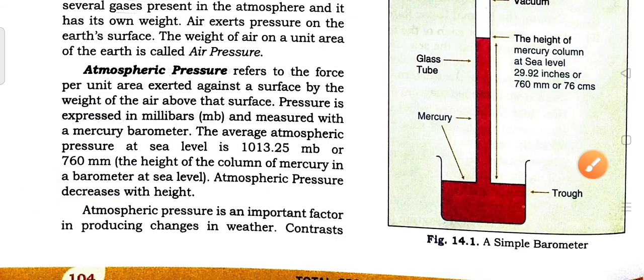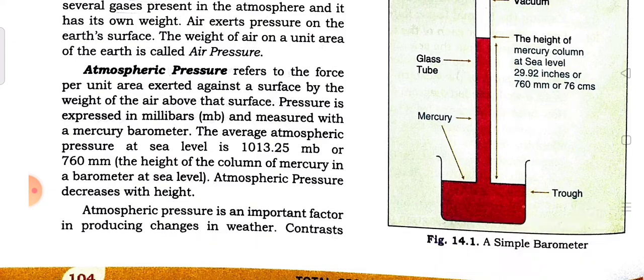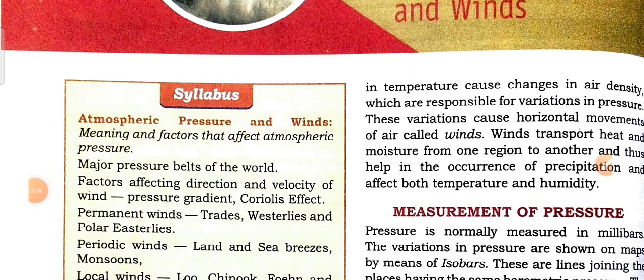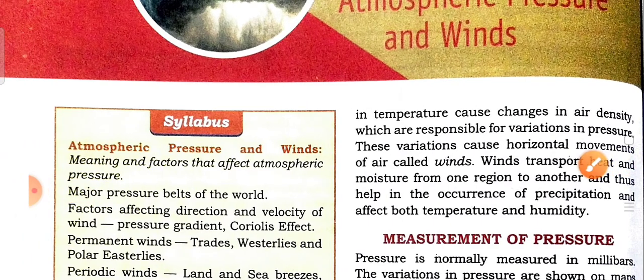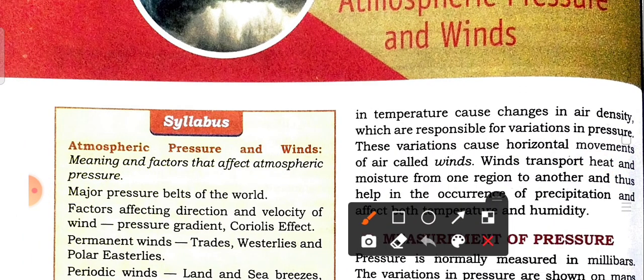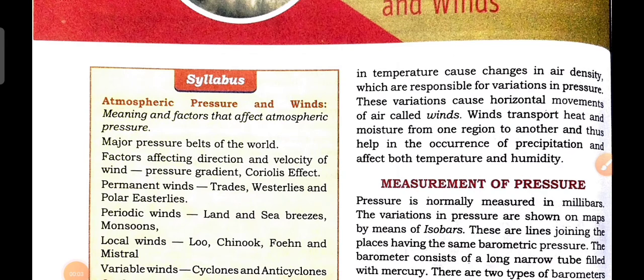Atmospheric pressure is an important factor in producing and changing weather. Why do we say so? Because contrast in temperature causes changes in air density. As we know previously, with the increase in altitude, the density of the air decreases, which is responsible for the variation in pressure.